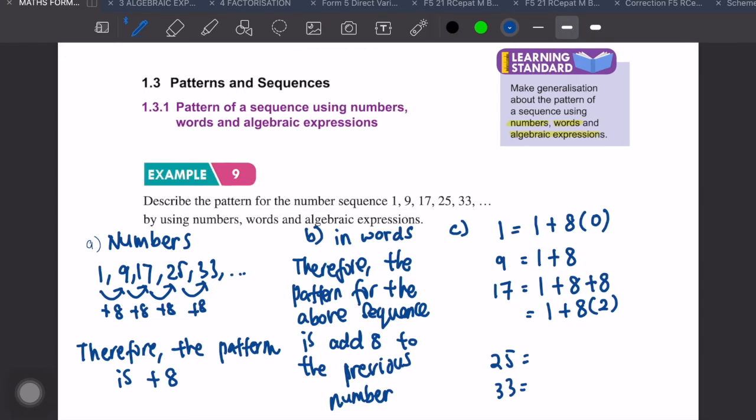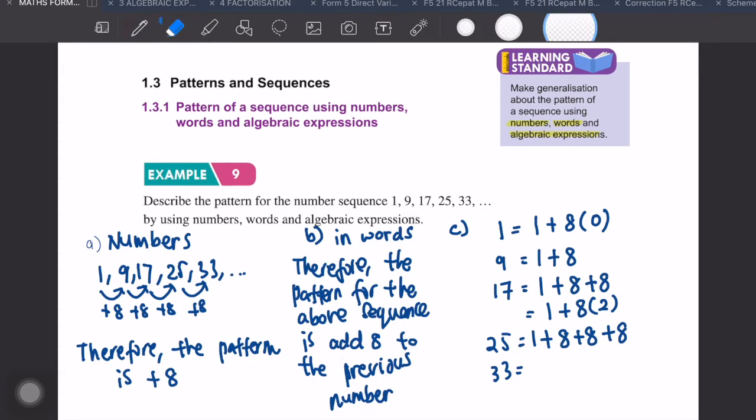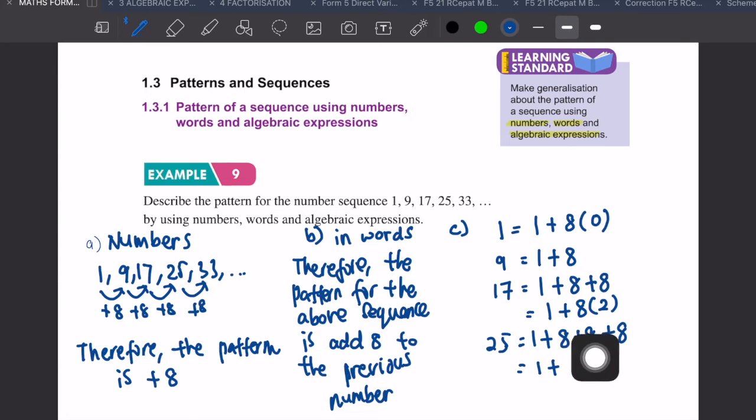And the third number, you can write it as 1 plus 8, you will get 9, plus 8, you will get 17, not yet 25. Then you plus another 8, you will get 25. So I can rewrite it as 1 plus how many times of 8? 3 times. So 8 times 3.